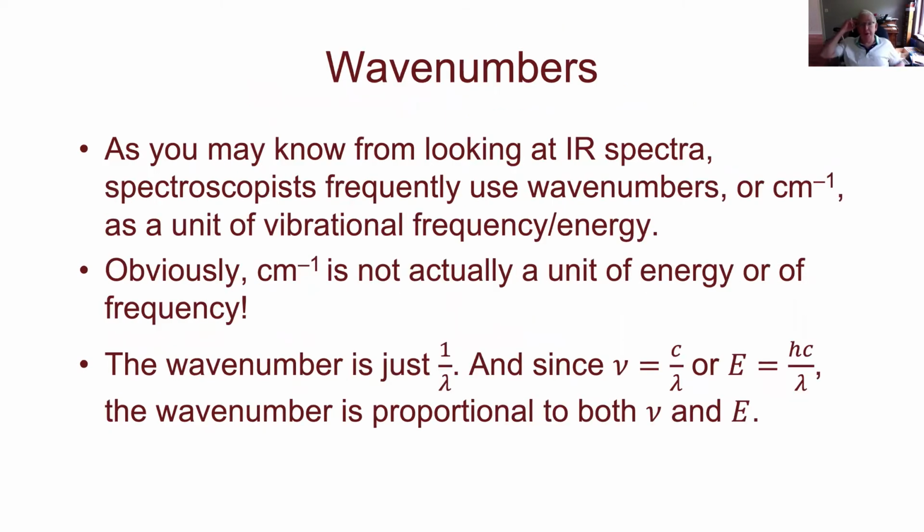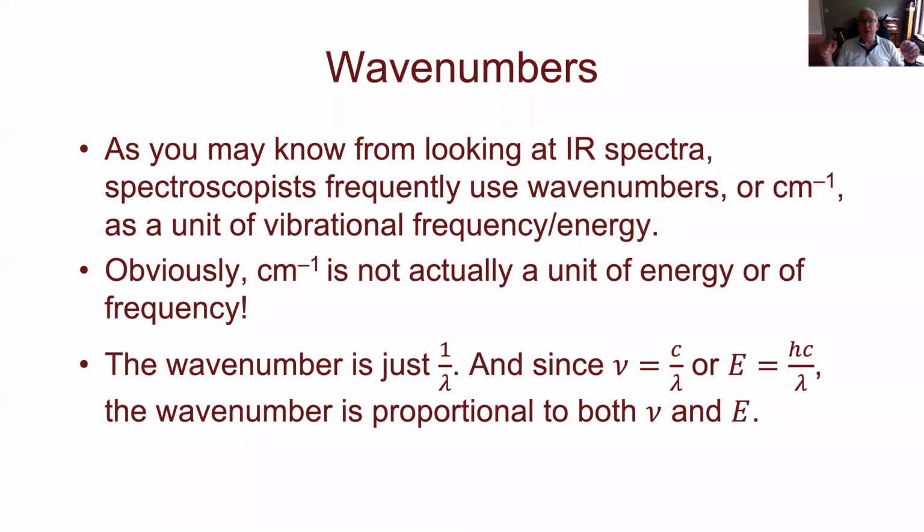So before we do a calculation, just a word about a strange unit known as wave numbers, or inverse centimeters. You may recall from looking at IR spectra, which you've probably done in, say, an organic lab, that the x-axis on the spectrum is often labeled in wave numbers, or centimeters to the -1.